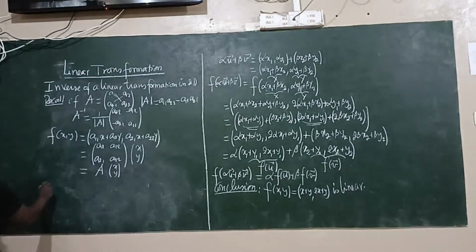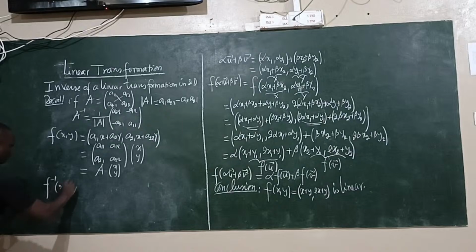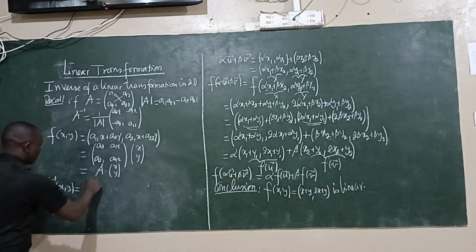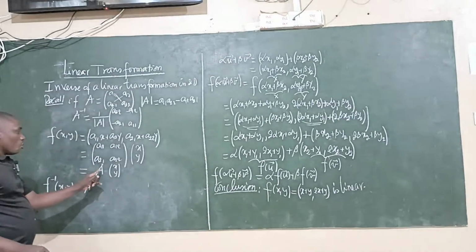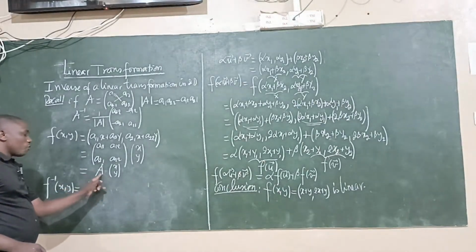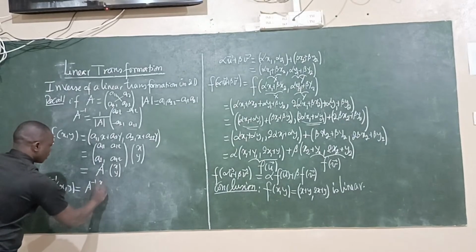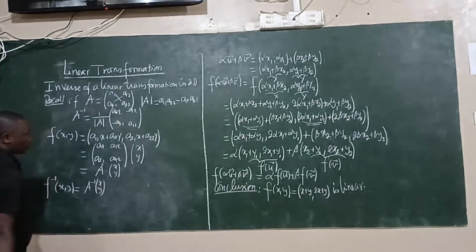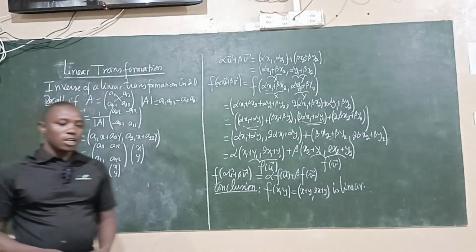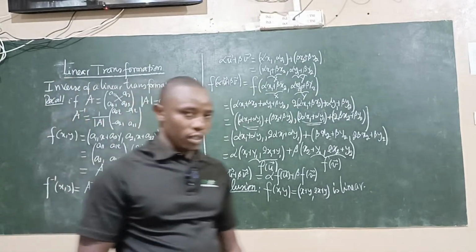What we need, the inverse of linear transformation xy will be looking the same as the inverse of matrix A. You see, we find the inverse of this matrix, but times xy, and multiplication continues that way.